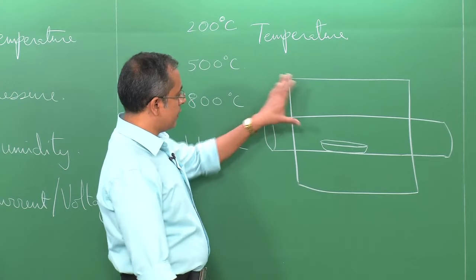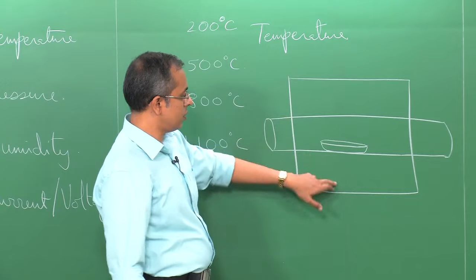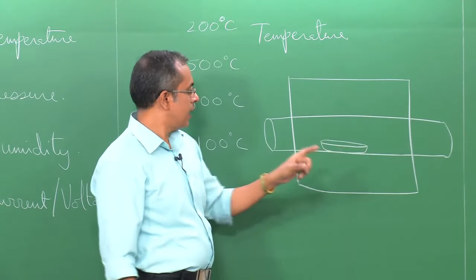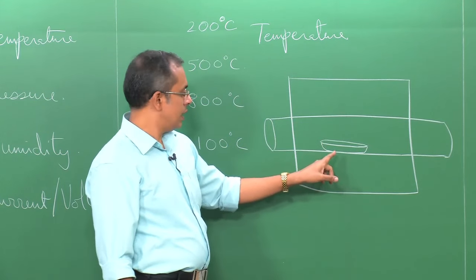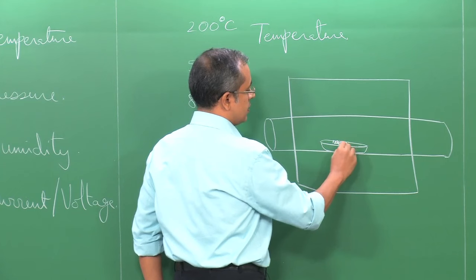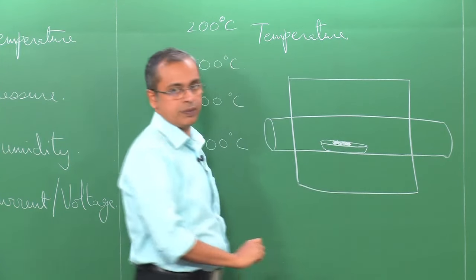You have a structure which has all the heating elements all around this tube. In the middle there is this ceramic tube, and in that there is a ceramic boat. The sample that you are testing is sitting in this ceramic boat.